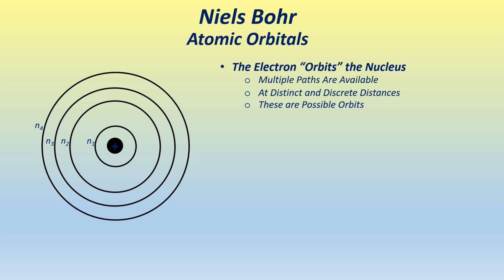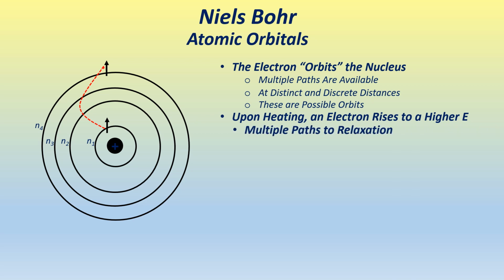With regards to his experiment, he knew that in heating up, he added energy to the system, and adding energy would have promoted the electron to a higher energy and a higher orbit. Once that energy was removed, there were many different ways that the electron could get back to where it started from.